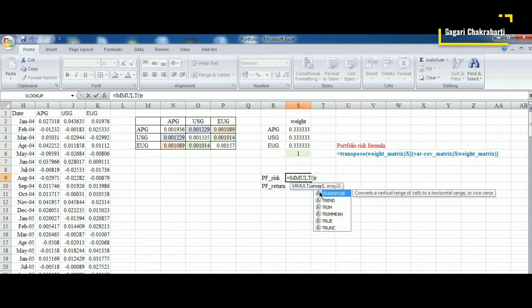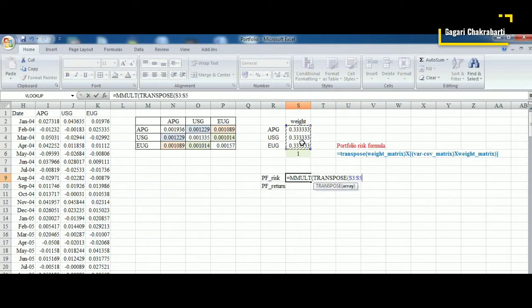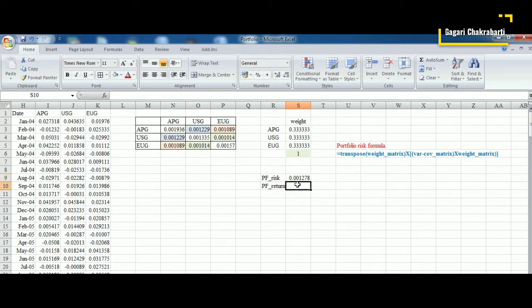So accordingly, we make use of the MMULT and the transpose formula and construct the portfolio risk. So the portfolio risk is computed.